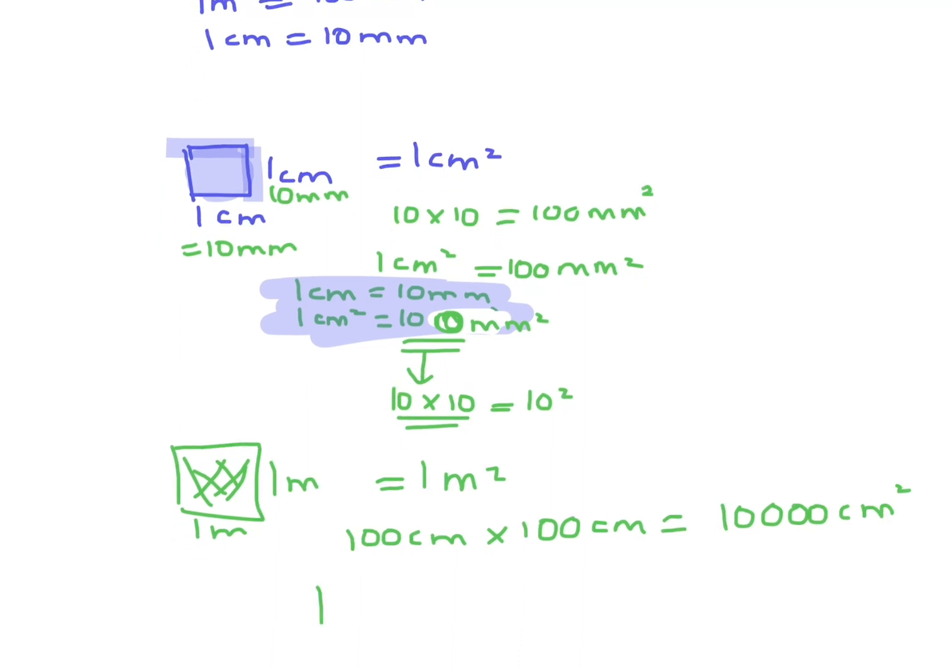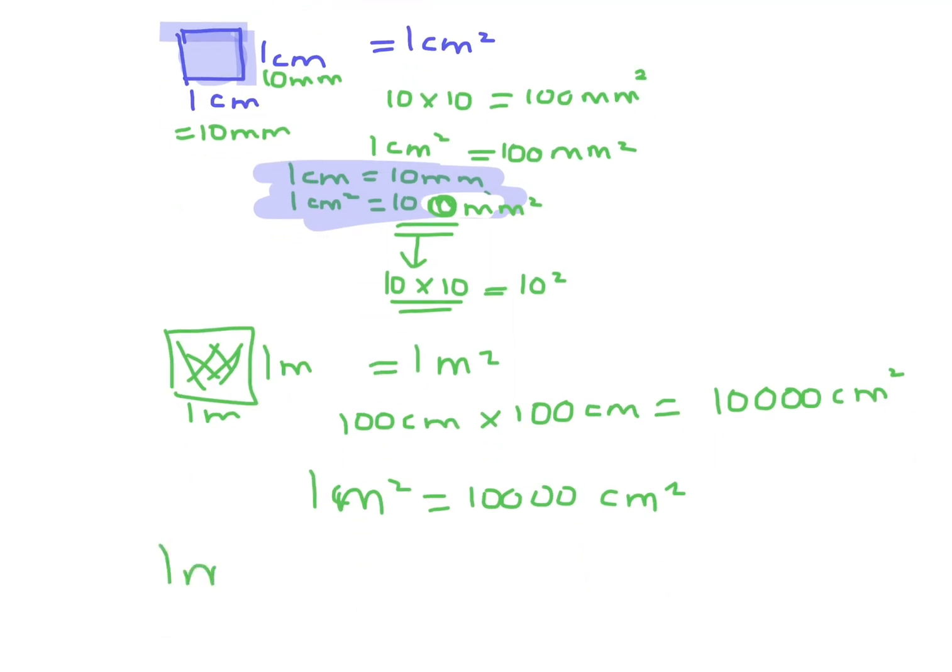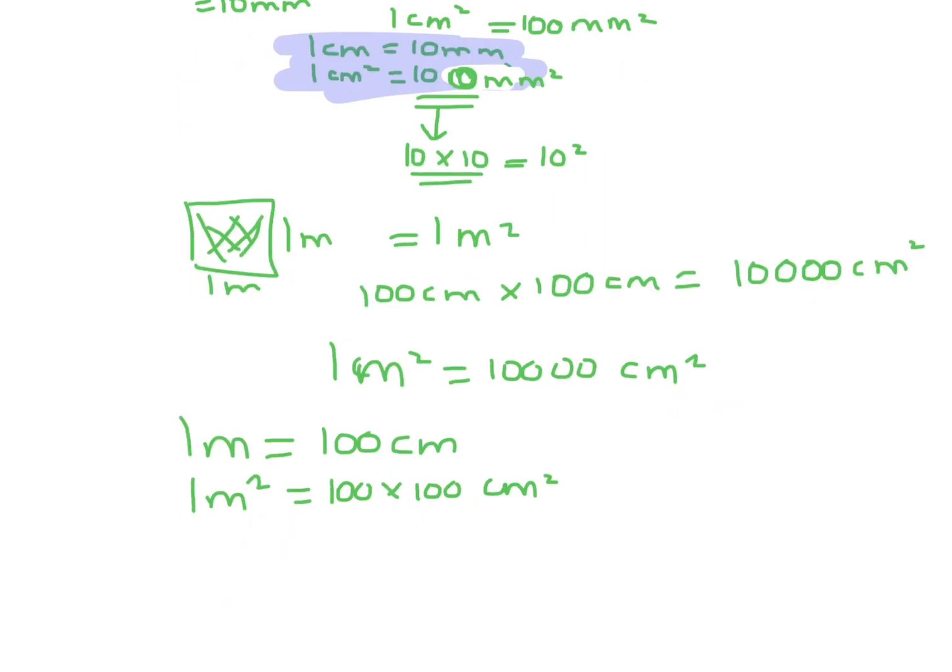So you can conclude from that 1 metre squared is equal to 10,000 centimetres squared. 1 metre is 100 centimetres, but 1 metre squared will be 100 by 100. So it's like twice as many zeros, because what you're really doing is the square unit, and that's why you have to do 100 by 100. There's 100 for each side of the square.